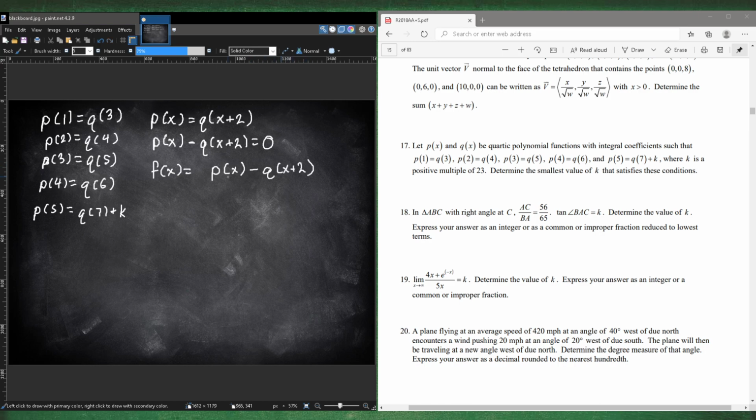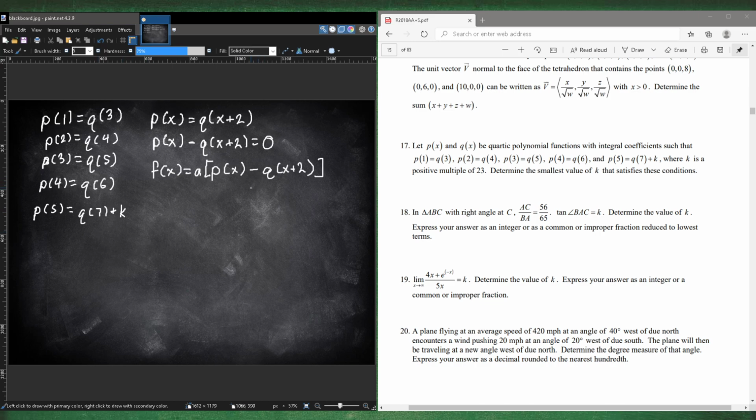So we know this is always going to be equal to 0 for the first 4 points. And usually for a polynomial, there's a coefficient, so let's call this coefficient a. I usually just like to use a. It doesn't matter what variable you put in front, just don't use k, because they're already using k here.